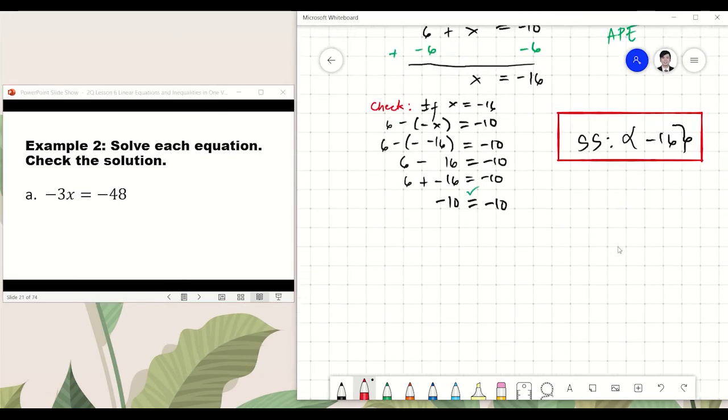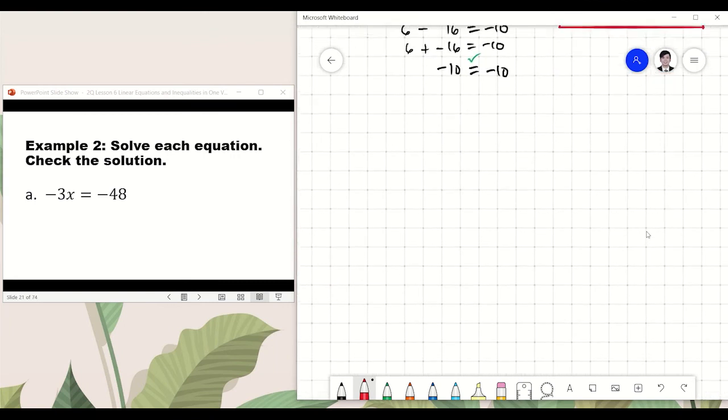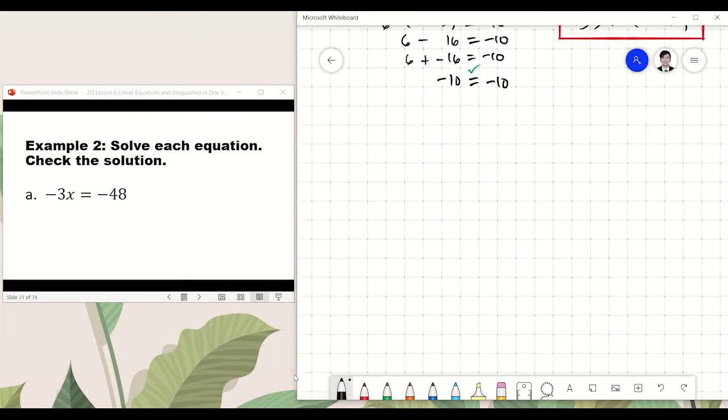Now, let's proceed to example 2. The given now is negative 3x is equal to negative 48. So, ano naman yung challenge this time? Yung challenge, pareho lang din naman, we need to isolate the x.